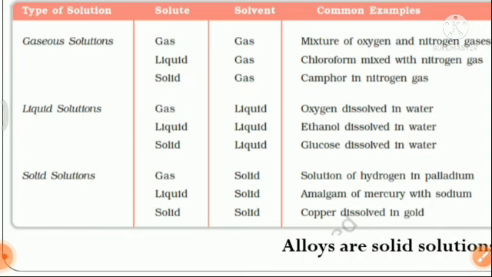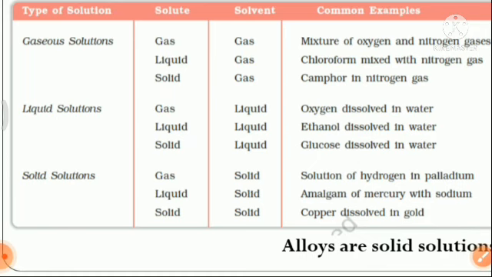Similarly, if the solute is solid, then also you may get a gaseous solution. The only criterion is that the solvent should be a gas. Here the example is camphor. Camphor is very commonly found in kitchens. In Assamese or in Hindi, camphor means karpur. It is a white substance which gives a nice fragrance.